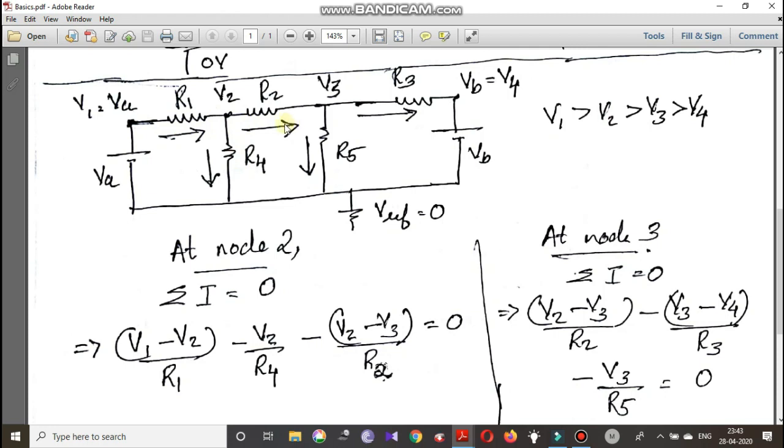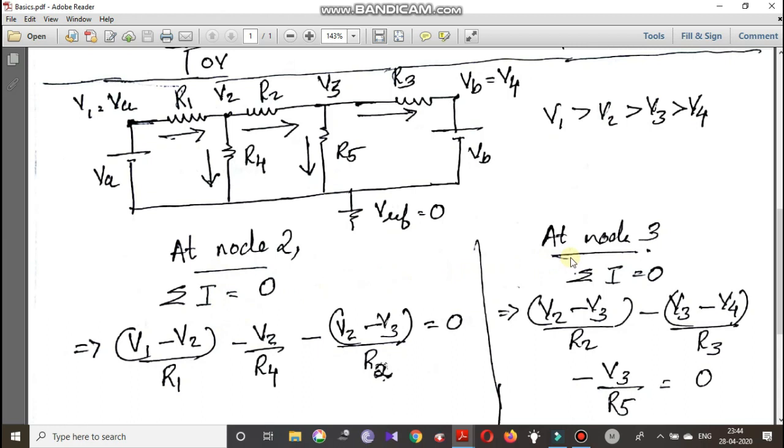So we can write the node equation for node 2, that is (V1 minus V2)/R1 minus (V2 minus 0)/R4, that is V2/R4, minus (V2 minus V3)/R2 equal to 0. So this is our node equation at node 2.